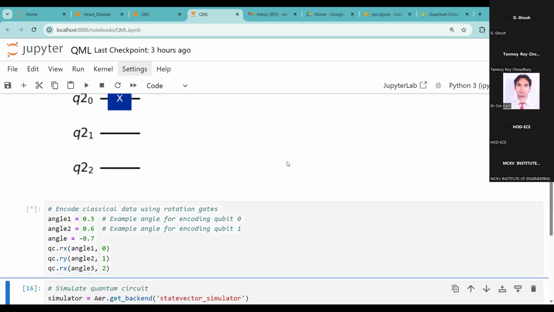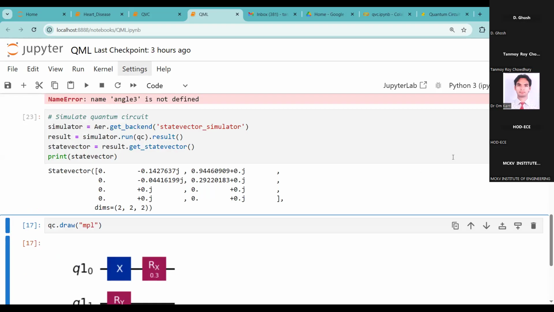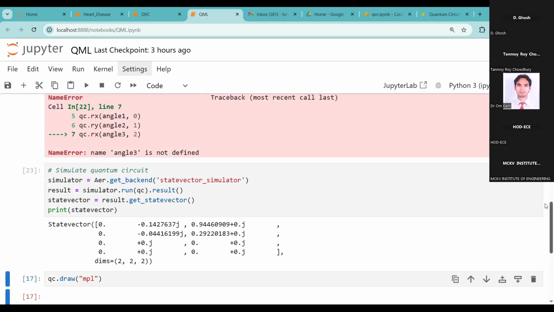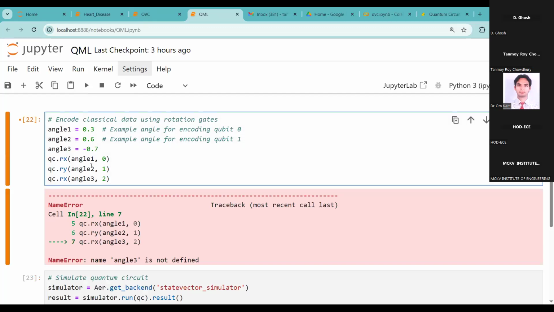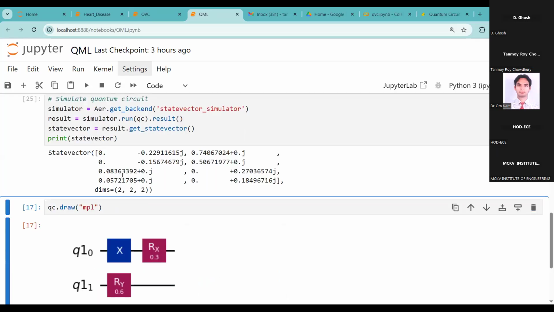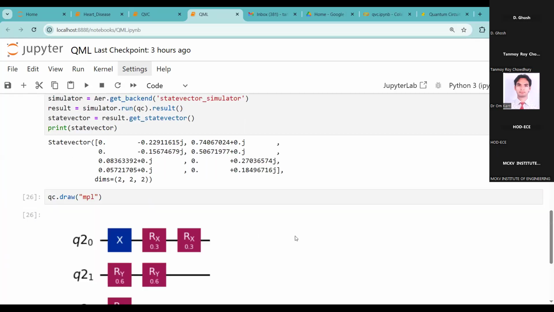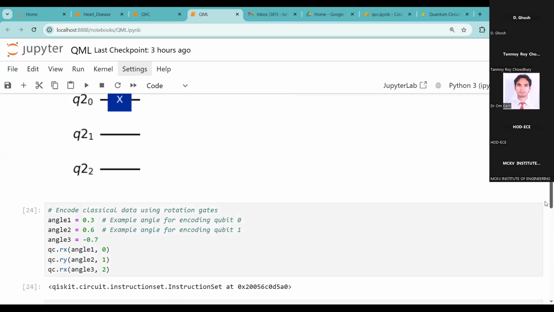So this is what... angle 3 is not defined. Let's see. Oh, this is angle 2. This is angle 3. So let me run this again. Yep. So you see this.